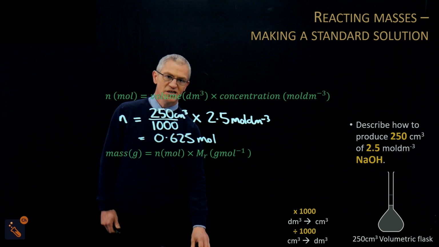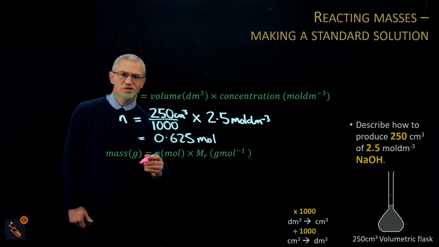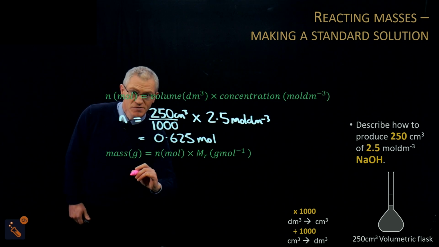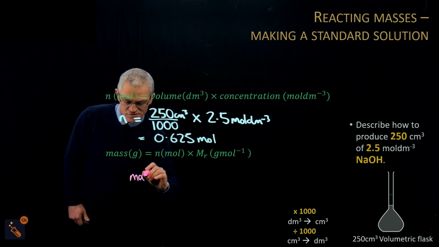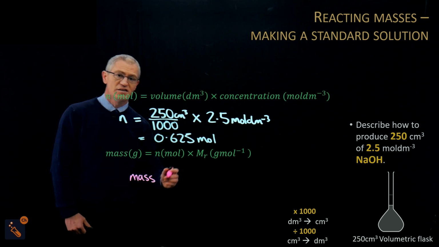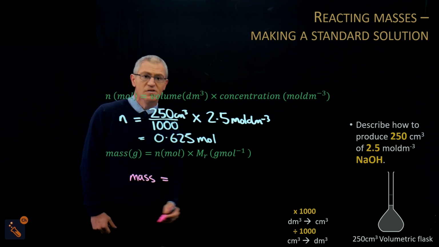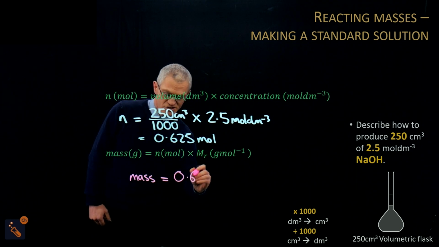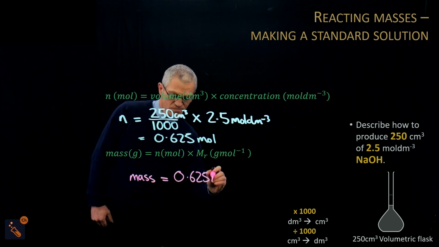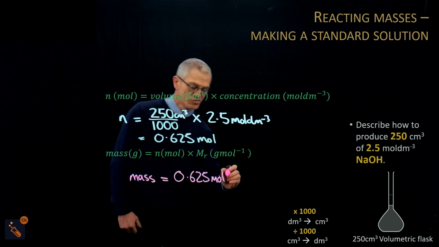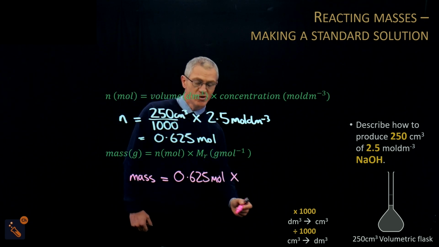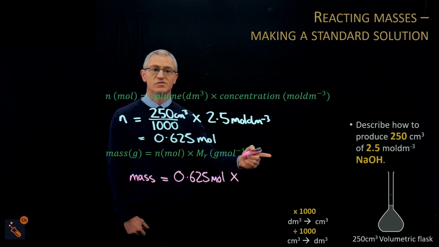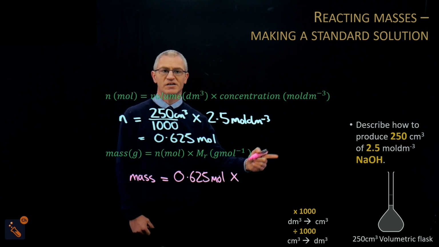So from that point, we take our 0.625 moles, and we will calculate the mass. The mass is going to be equal to our number of moles, 0.625, and then we will times that by our Mr. Hopefully you've got a periodic table by you to calculate that.